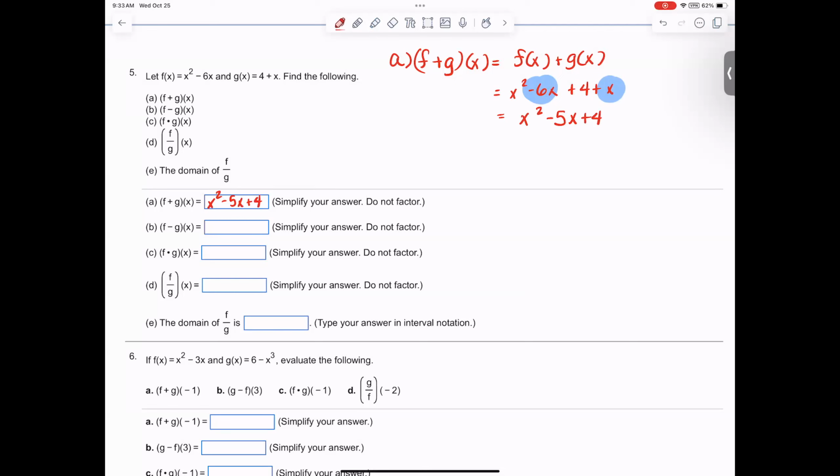The next thing we're going to do is find the difference function. And I'm going to warn you to be super careful to make sure you actually subtract g of x from f of x.